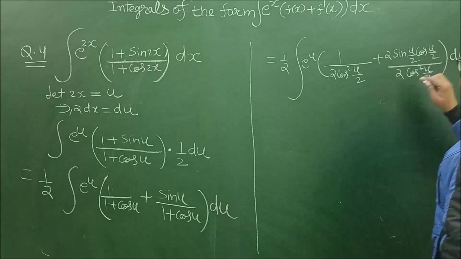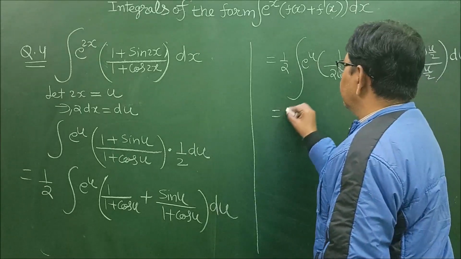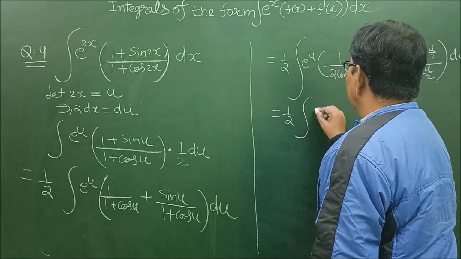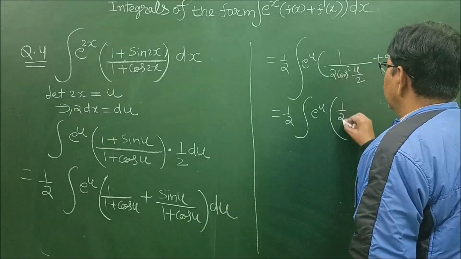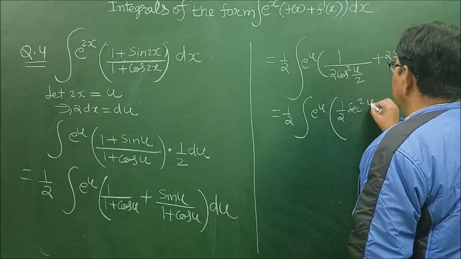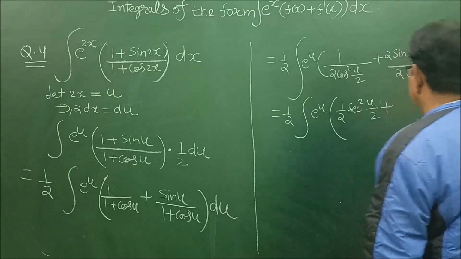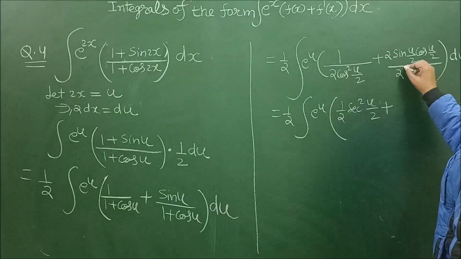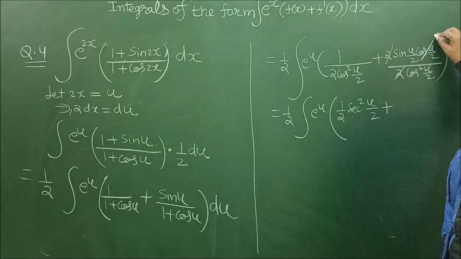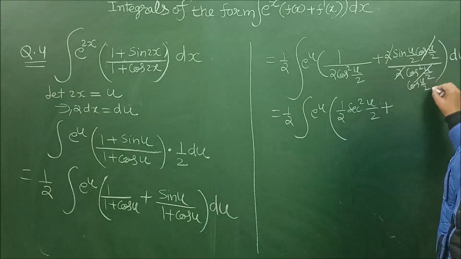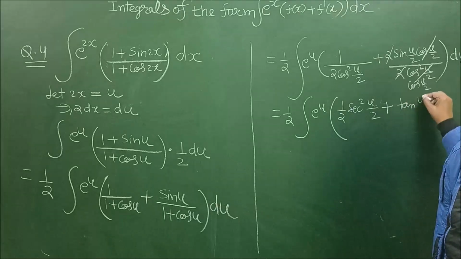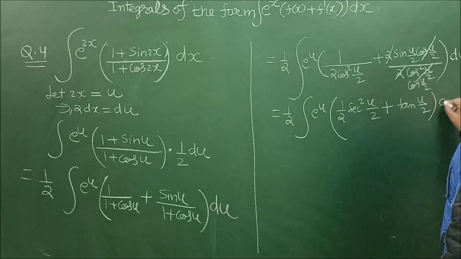And here if we simplify, then this is equal to 1 upon 2 integral of e raised to the power u, inside the bracket 1 by 2 sec square u by 2 plus, this 2 and 2 is cancelled here, cos u by 2 cancelled, tan u by 2 du.